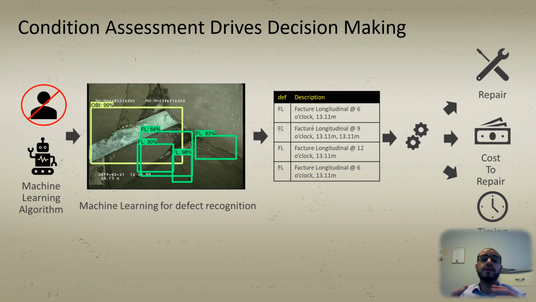And the tool or the model will be able to spit out the different defects within the frame that is being analyzed, so that we can schedule our repairs, we can cost estimate our repairs, and determine when we are going to intervene depending on the severities of those defects.